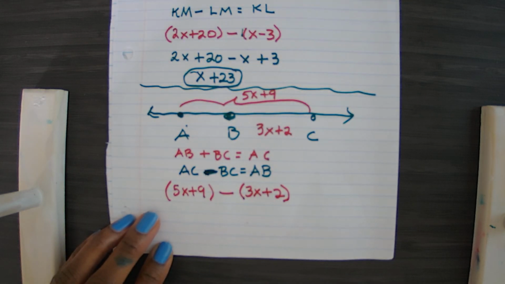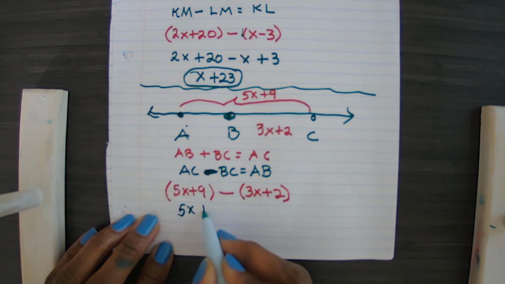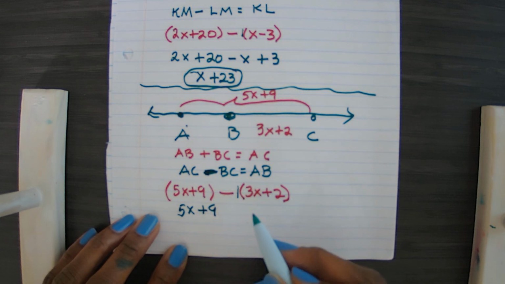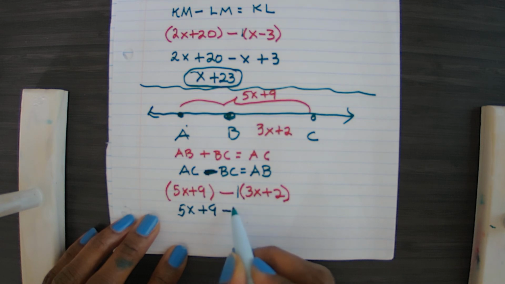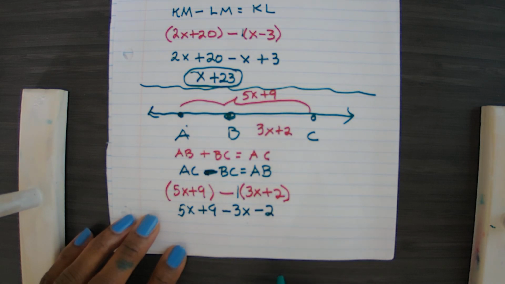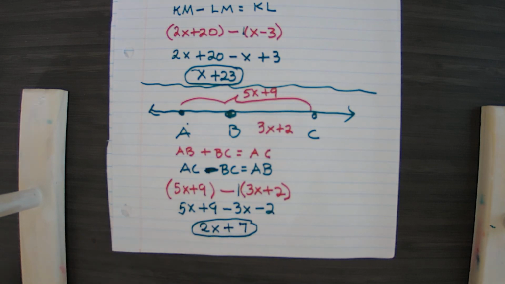Okay, we know that there is an understood 1 here. 1 times 5x is 5x. 1 times 9 is 9. Now, there's an understood 1 here, but look, we're distributing a negative 1. So in other words, each one of these terms in here, you're just going to change the sign. So that would be minus 3x and minus 2. The signs just change. Okay, we'll simplify. 5x minus 3x is 2x. 9 minus 2 is 7. Okay, and that is the expression that represents that missing length.